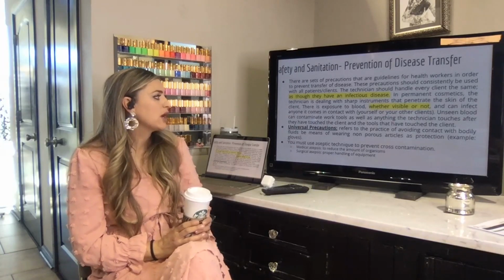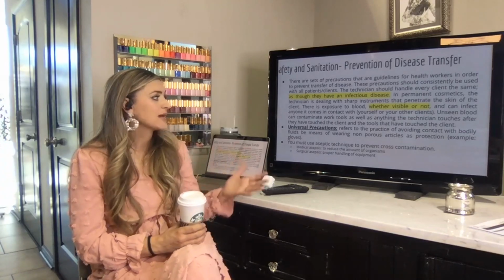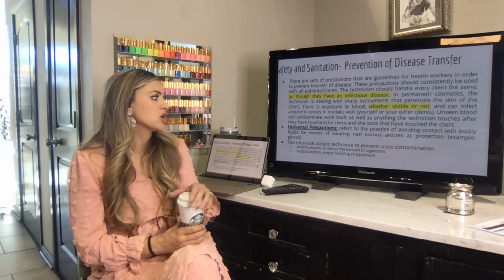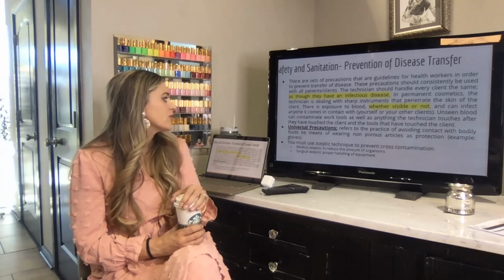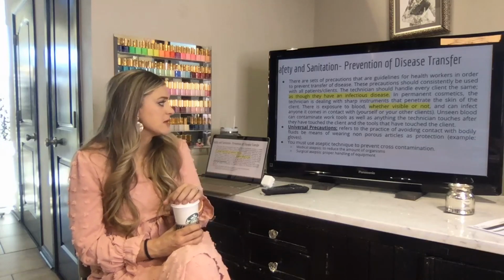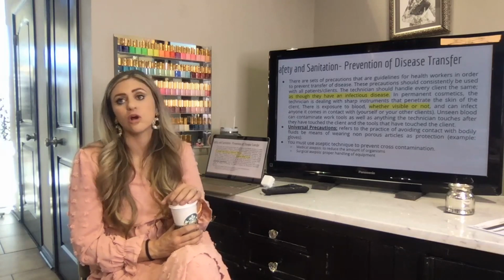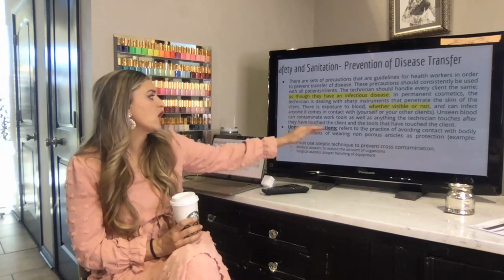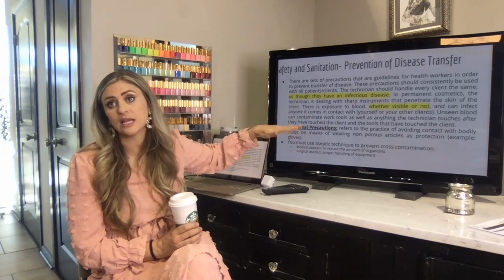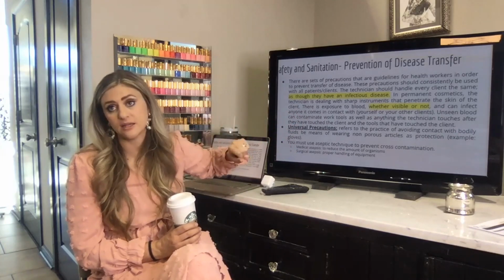So universal precautions is the practice of avoiding contact with bodily fluids by means of wearing non-porous articles as protection. For example, gloves are a form of PPE, personal protection. We have to follow a certain way of keeping ourselves clean and our spaces clean in order to protect ourselves and the public.